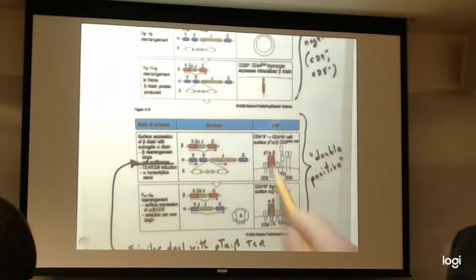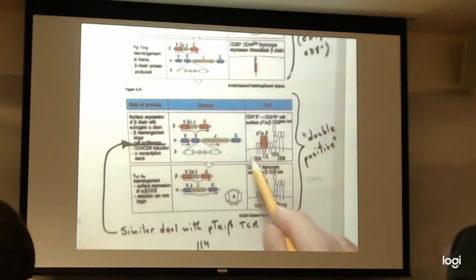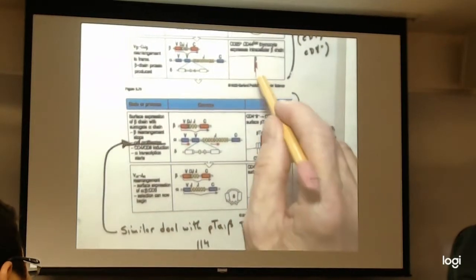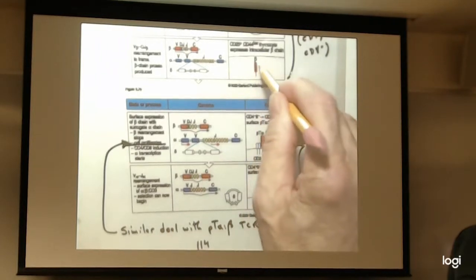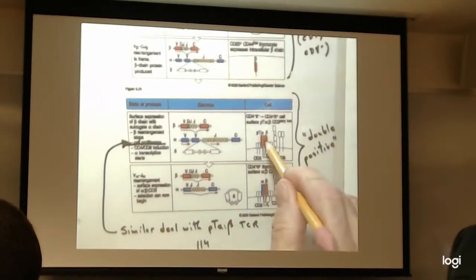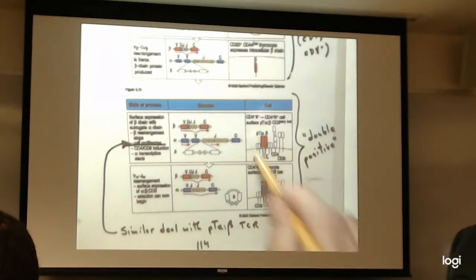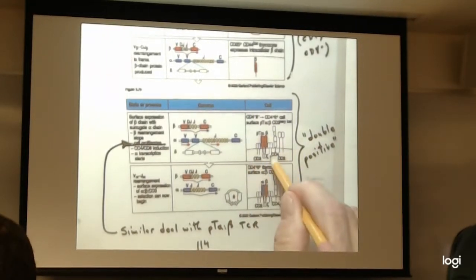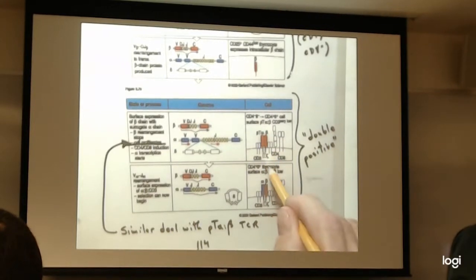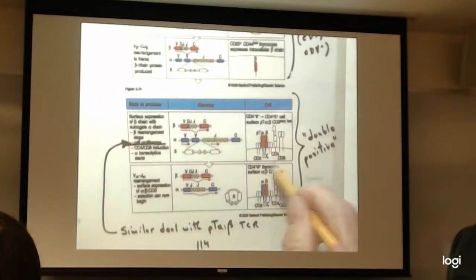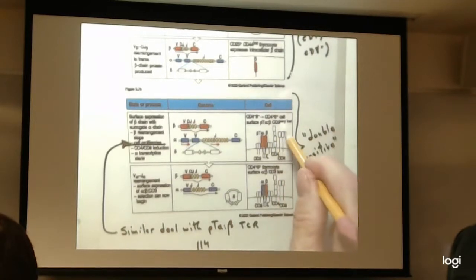Okay, so now we've made the beta gene, we turn on the genes to make a pretend alpha chain. And we then also turn on the genes for the CD3 proteins which function in signal transduction, you remember. And then also we turn on the genes for CD4 and CD8.